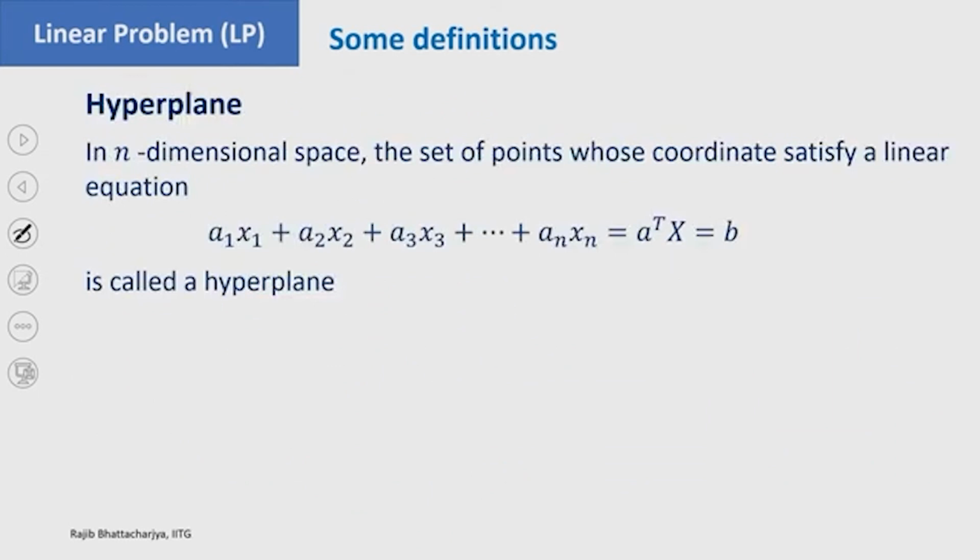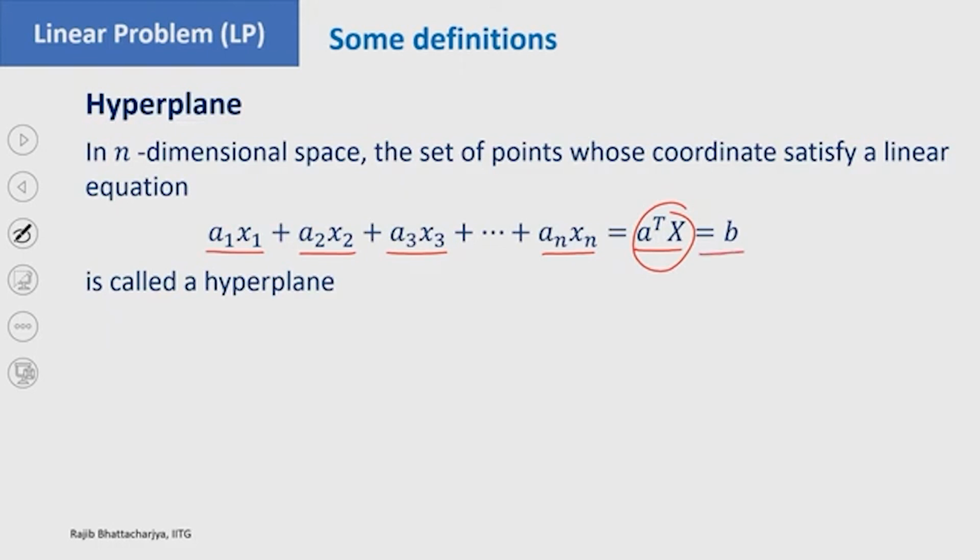Now, what is hyperplane? In n dimensional space, the set of points whose coordinates satisfy a linear equation a 1 x 1 plus a 2 x 2 plus a 3 x 3 plus up to a n x n equal to b, or I can write this as a transpose x equal to b.